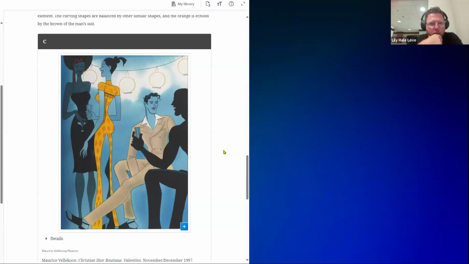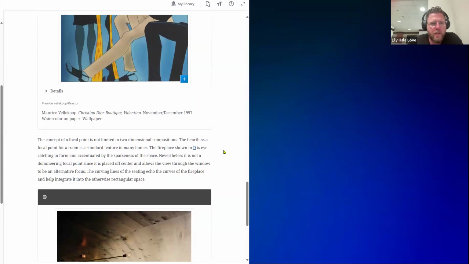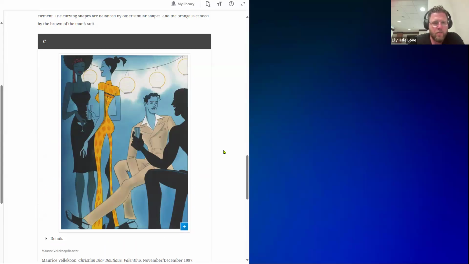I was thinking they were double dating because the outer two people are colored a little bit darker. So maybe the guys gathered together and talked, and then the ladies.